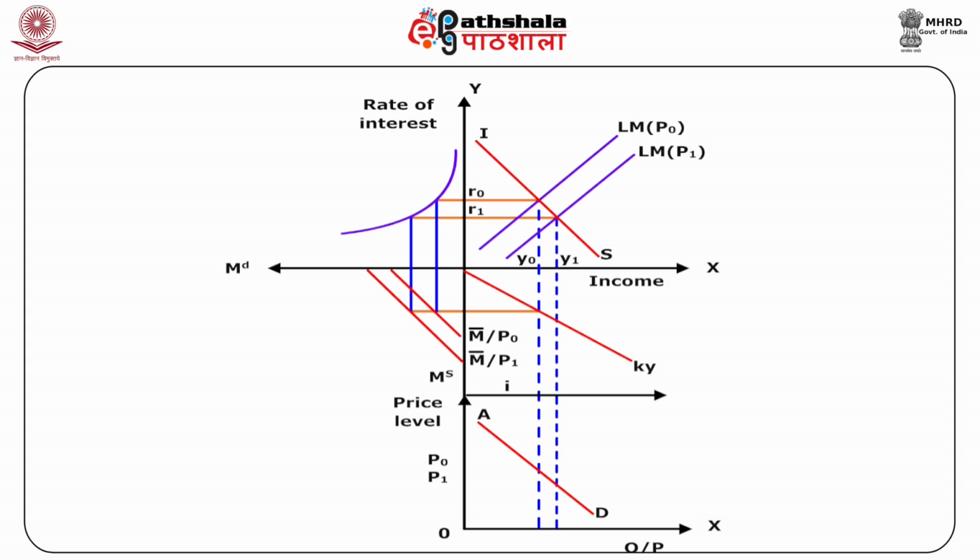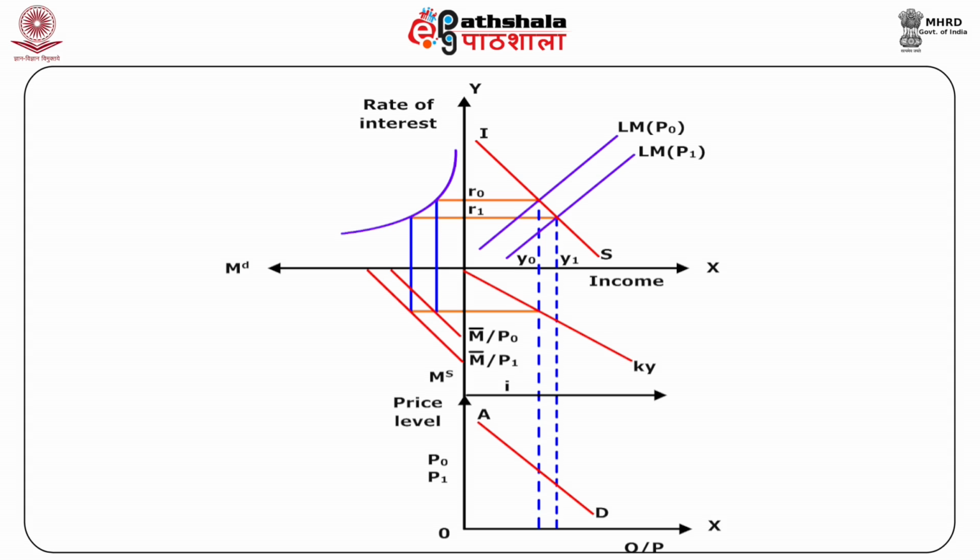And as you would see, there is an original LM function called LM, which is based on P0, the existing price level, and it is given in brackets as LM(P0).